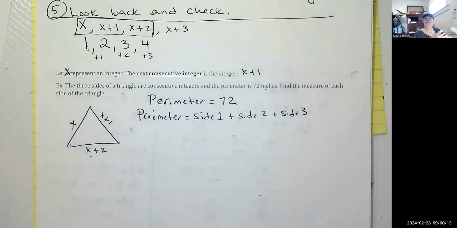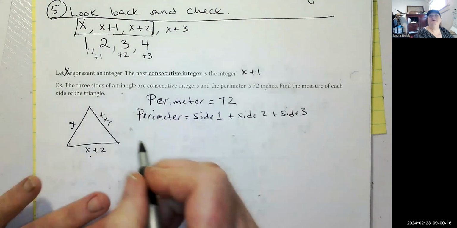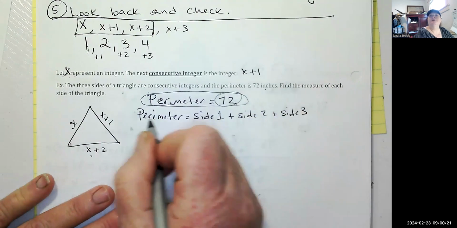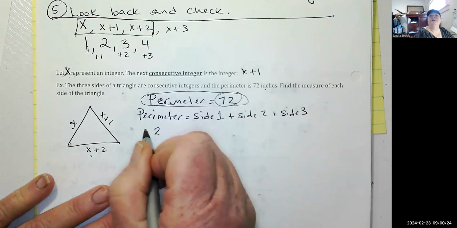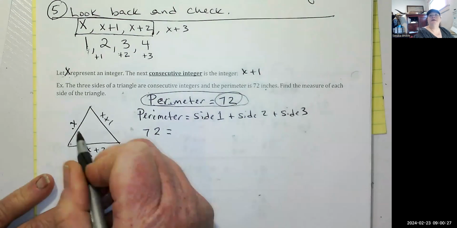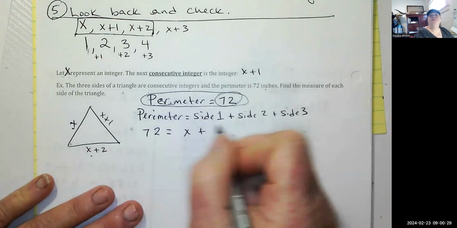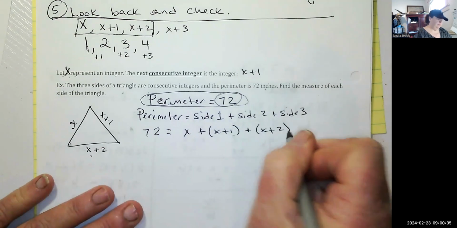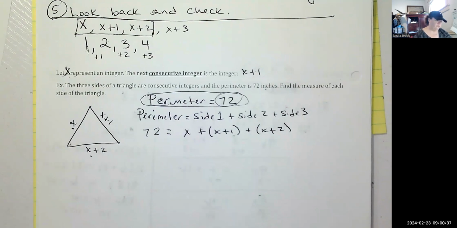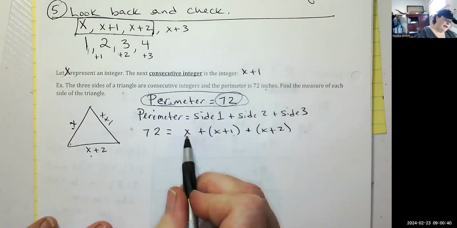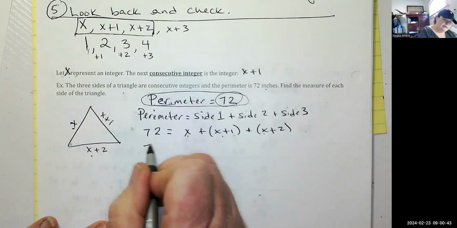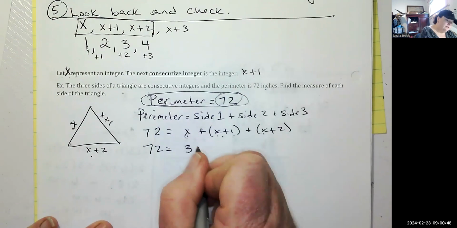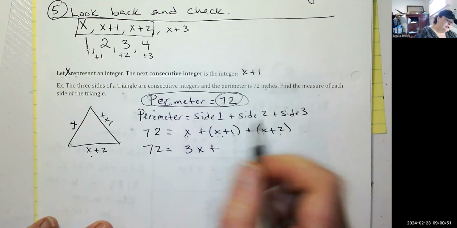We know the perimeter is 72, so I can substitute 72 for the perimeter. 72 is equal to x, plus x plus 1, plus x plus 2. We can add up all the x's: 72 is equal to 3x plus 3.